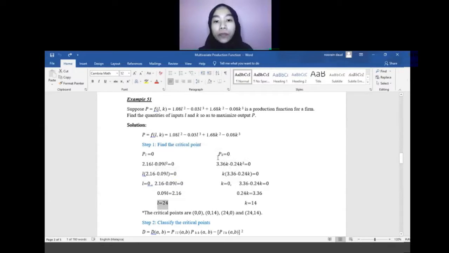For input K, we take the derivative from this equation, set it equal to 0, and we get K equal to 0 and K equal to 14. So we get four critical points: (0, 0), (0, 14), (24, 0), and (24, 14).